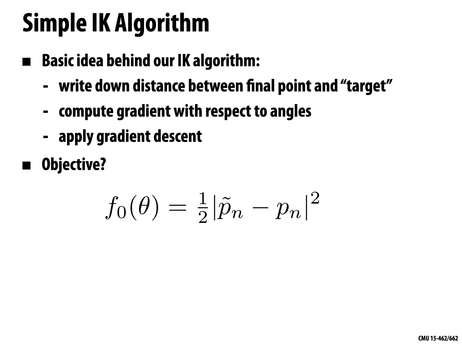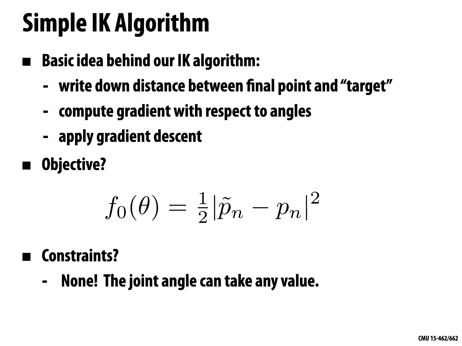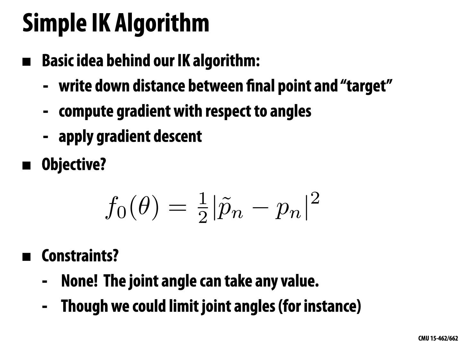Then we can just say that the objective function f naught of theta is equal to 1/2 norm of Pn tilde minus Pn squared, just the distance between those two points squared. What about the constraints? In this case, we'll just say there aren't any, right? The joint can just take any value it wants, but we could, if we wanted to, limit the joint angles.